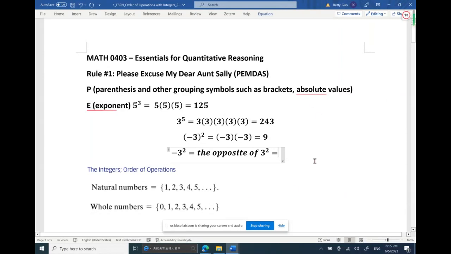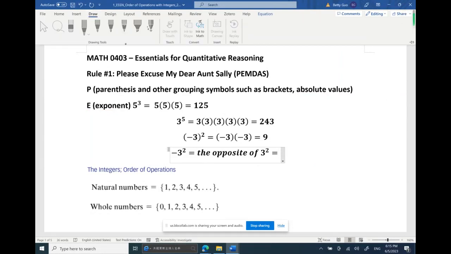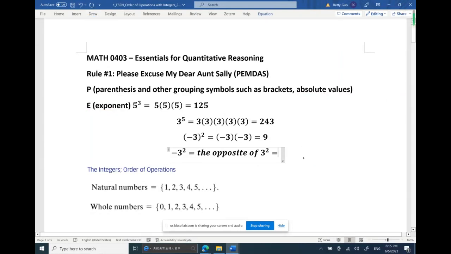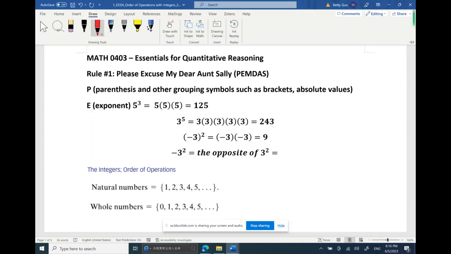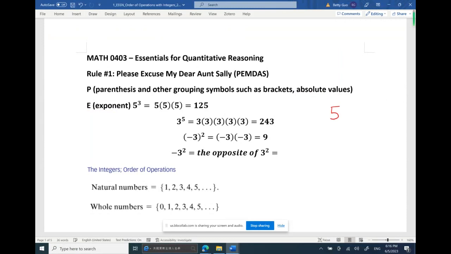For example, what is the opposite of 5? Do we remember what is opposite? Negative 5. You just put a negative sign in front of it.